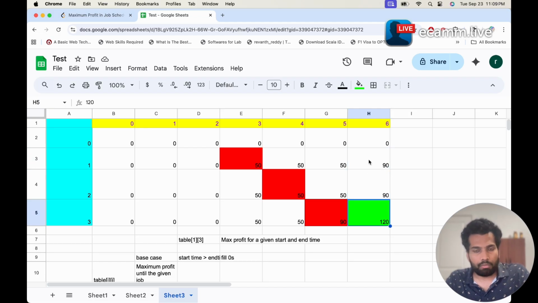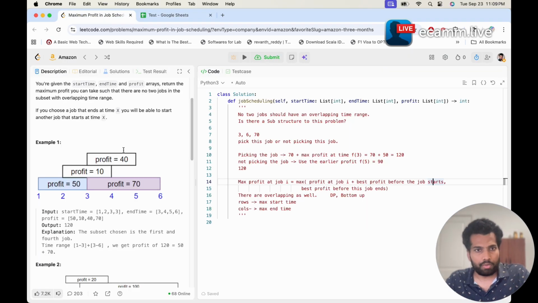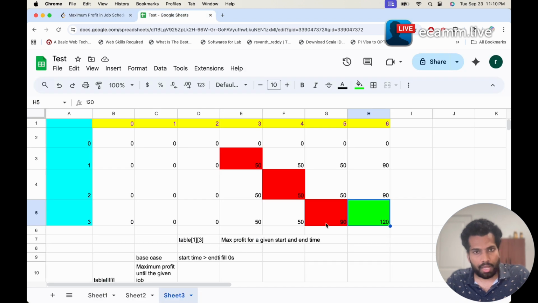When we come to the last job, which is 3 and 6, if we decide to schedule it, it would be 50 plus 70. What is the maximum profit at the end time 3?